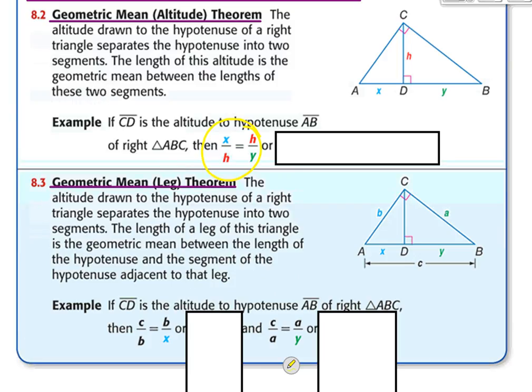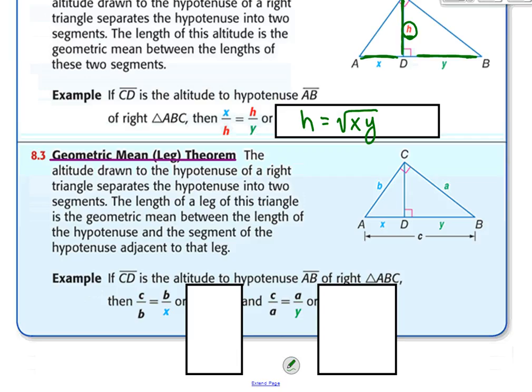And when we cross multiply, we're going to get h squared equals xy. So what we're going to write on here is that h equals the square root of xy. And so h is this altitude right here, and it's equal to the square root of these two pieces that are right here, x and y.